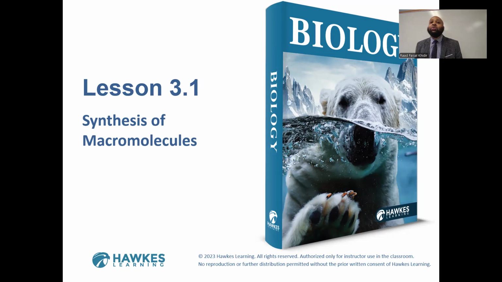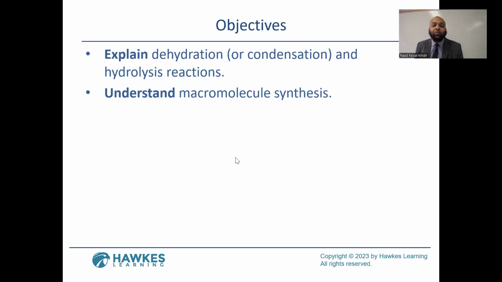Micro is little, macro is big. So we use micro, we stack them up through anabolism to make macro. And we break down macro through catabolism in order to make micro.